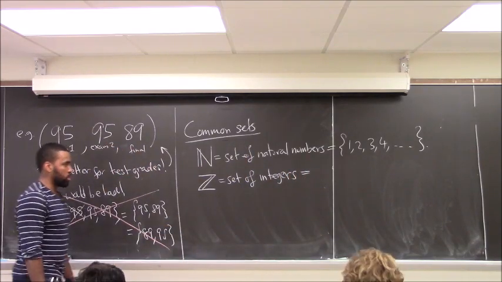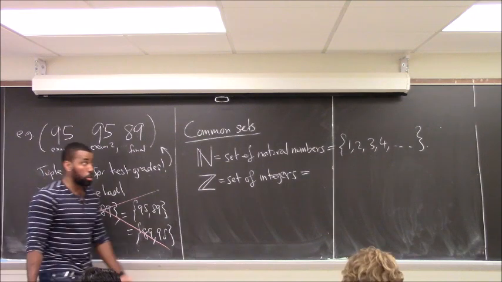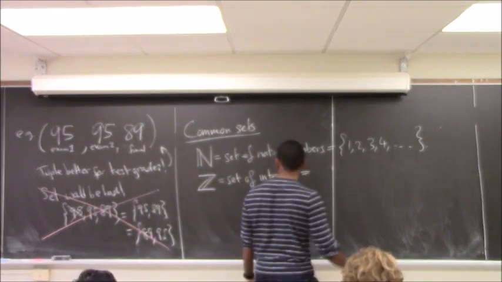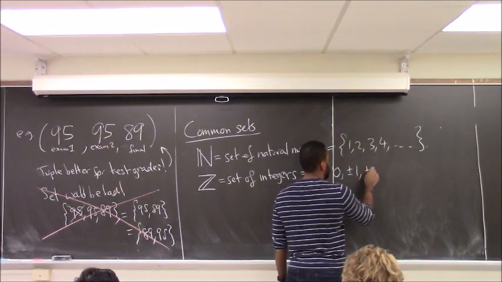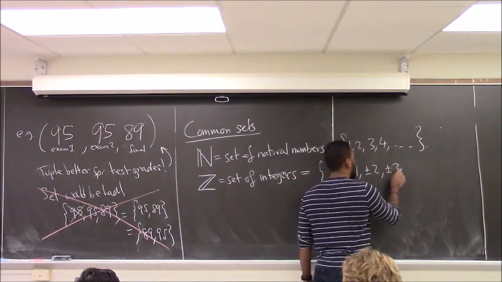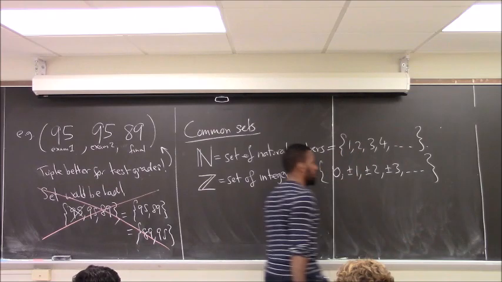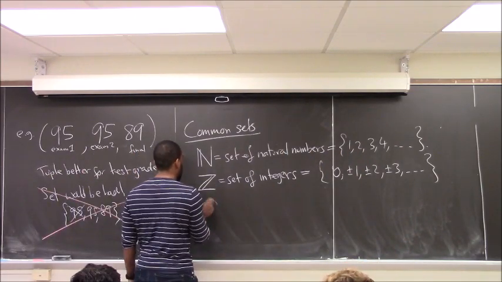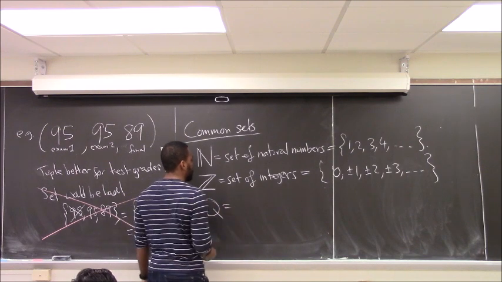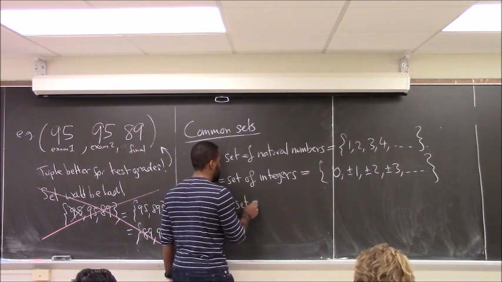The Z is for the German word Zahl, which means number. So that's where the Z comes from. So this means 0, plus or minus 1, plus or minus 2, plus or minus 3, and so on. All positive and negative whole numbers and 0. We also have the set Q. These are called the set of rational numbers.